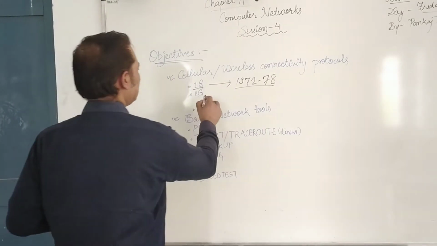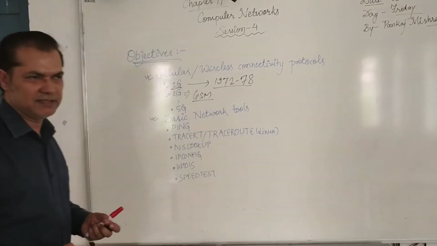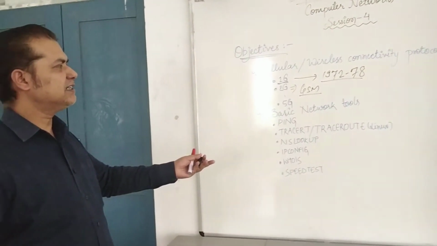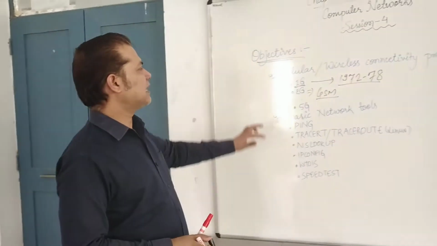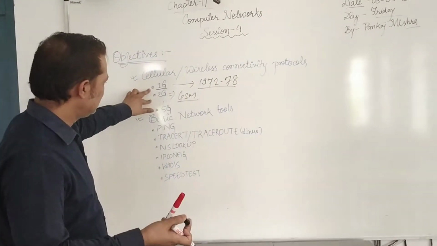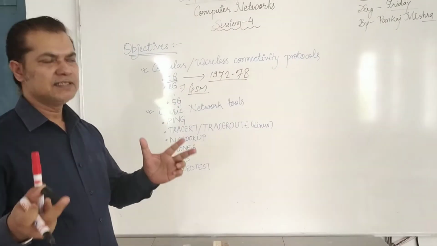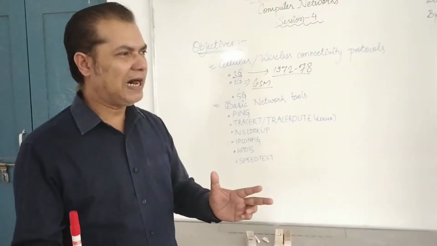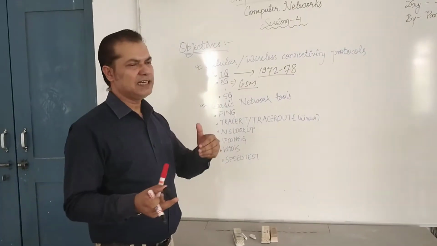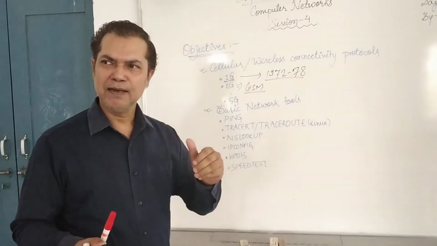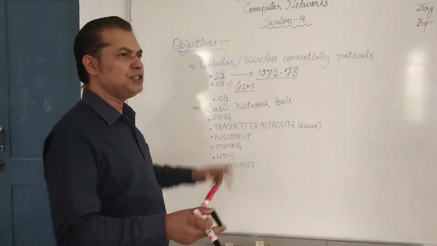Now second G onward is crucial to understand. 2G is completely GSM based. You can say 2G is a standard mobile technology or protocol which helps us to communicate with any other mobile. But here the 2 means 2 things. This generation's mobile was capable of performing SMS, meaning sending a small message, and communication, meaning talk.